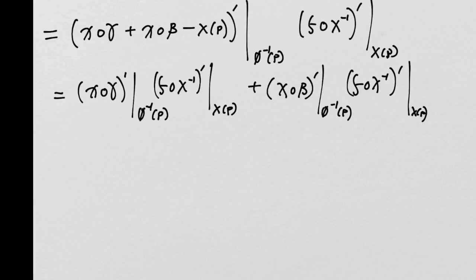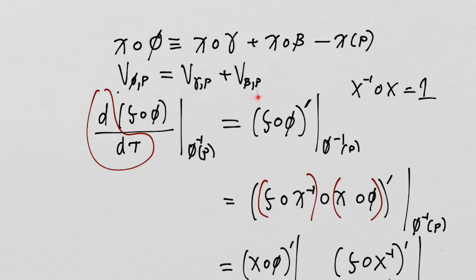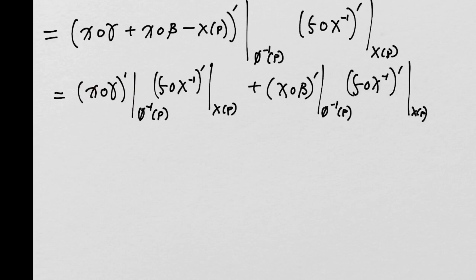So this is the next step, right? And you can see where this is going, right? This guy here looks a lot like the definition of the directional derivative of the curve gamma, and this looks like the directional derivative of the curve beta, right? So that's kind of interesting, and that's sort of what we're after. Remember, what we're actually after here is this expression. So this guy and this guy are just beginning to pop up.